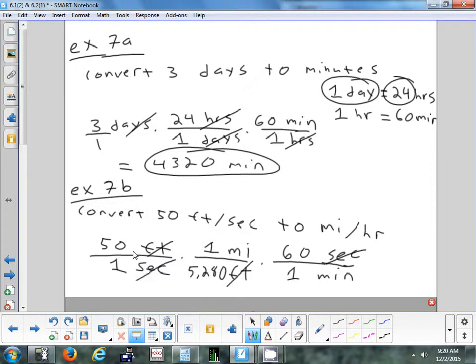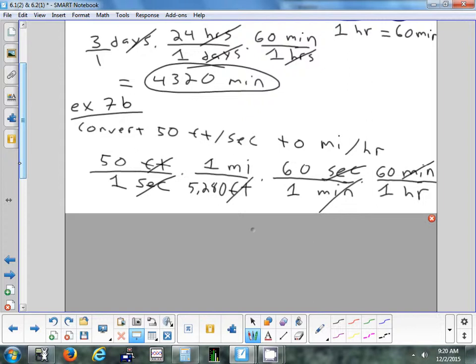Seconds, seconds. Now our speed would be in miles per minute. Okay, we got to go one more step. How do we get minutes to hours? Yep. 60 minutes in 1 hour. Okay, so all you're doing is using conversions all the way down. Make sure your units are one in the top, one in the bottom, so they cancel.